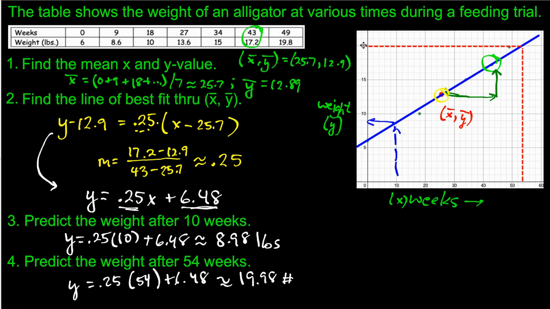All right. These two last questions point out a couple of terms that we need to be aware of. When we're looking within our data, from 0 to 49, and we're using our line of best fit to estimate or approximate a value in between, we call this interpolation.